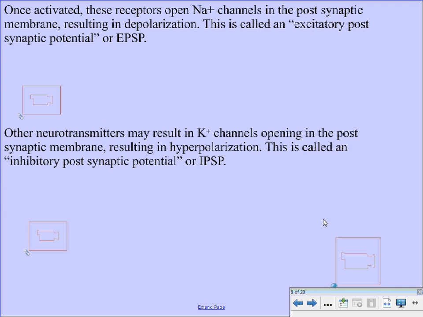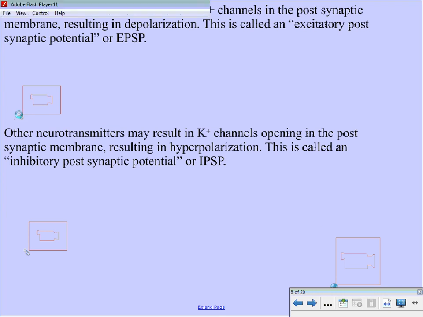So this point here at the top is the one that we have been seeing, where we're opening up sodium channels, leading to the depolarization. The name for this, because it is excitatory, is an excitatory postsynaptic potential, or EPSP.